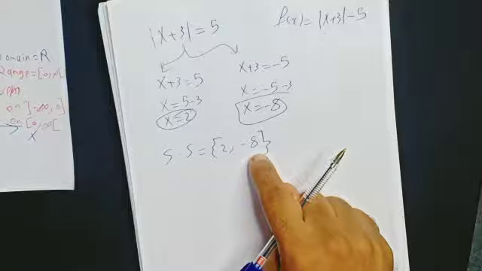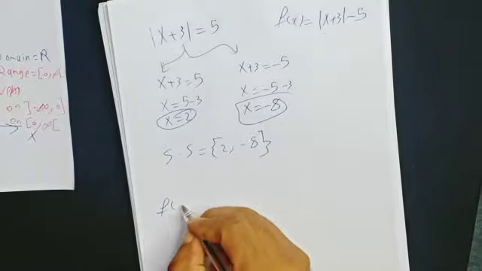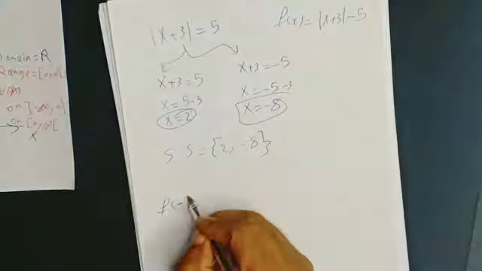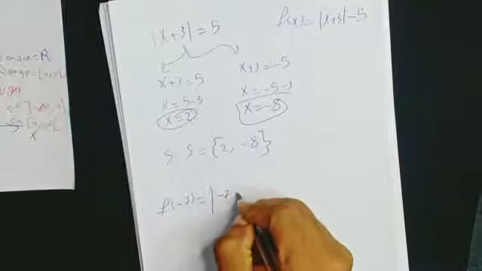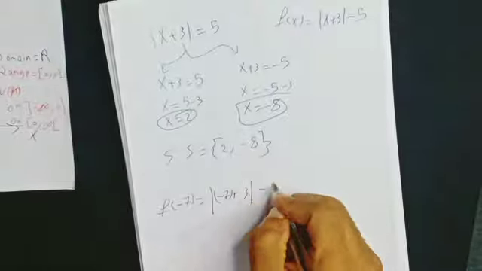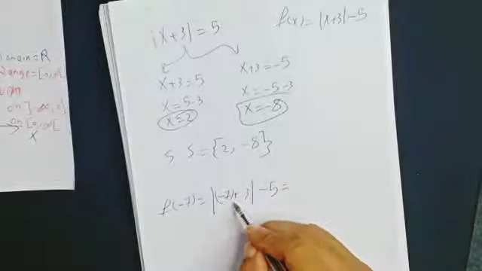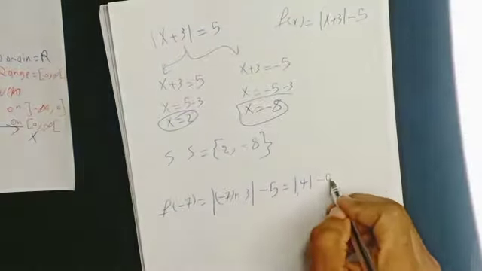Like this: f of negative 7 equals absolute value of negative 7 plus 3 minus 5. It will be absolute value of negative 4 minus 5 equals 4 minus 5 equals negative 1.